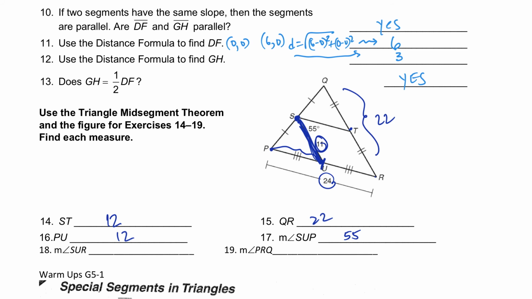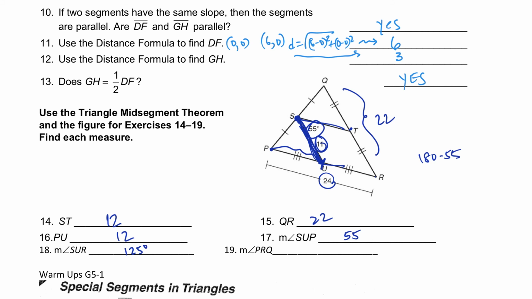And then the measure of angle SUR will be, if this is 55, that's going to be 180 minus 55, because, again, this is parallel, so you're going to have supplementary angles there. So that's going to be 125 degrees.